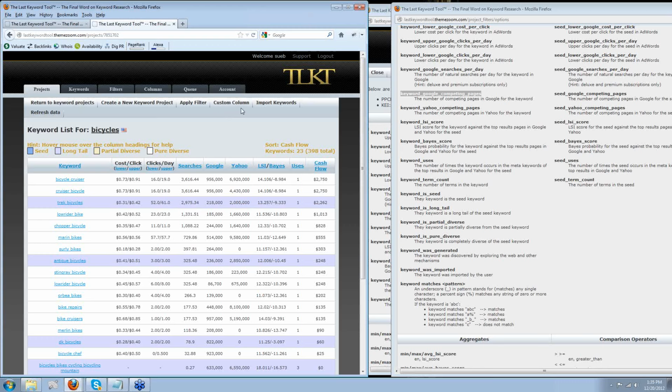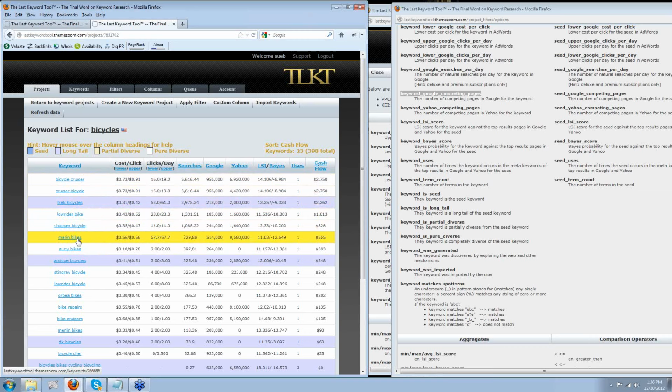But when you talk about the top number of keywords, I would assume that you're going to filter them somehow, and then you're going to sort them somehow so that you have an idea of what your top keywords are. So for instance, right now I've got these sorted by cash flow so that potentially my most profitable keywords pop up to the top.